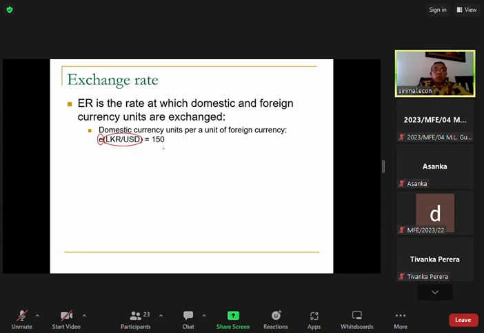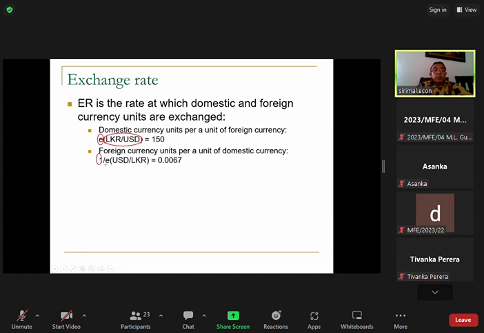You can also express the same thing in inverse form. That is the amount of foreign currency units per unit of domestic currency. In other words, it means how many dollars per rupee.